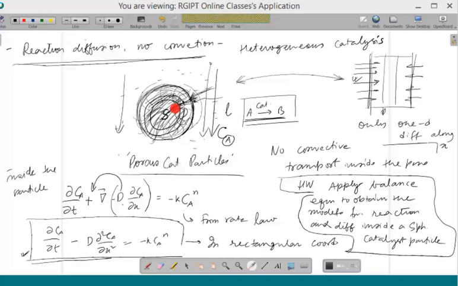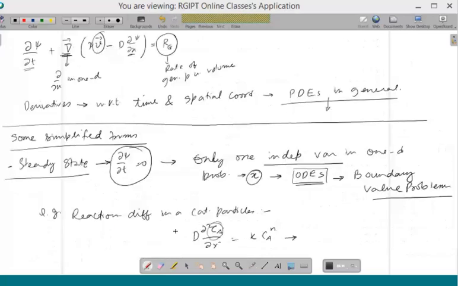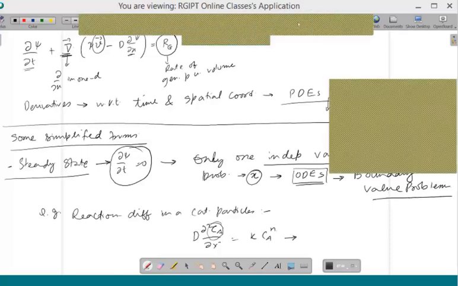In order to solve this, I need boundary conditions on CA. By the way, can anyone tell me what conditions are used on CA, the species concentration, in this?